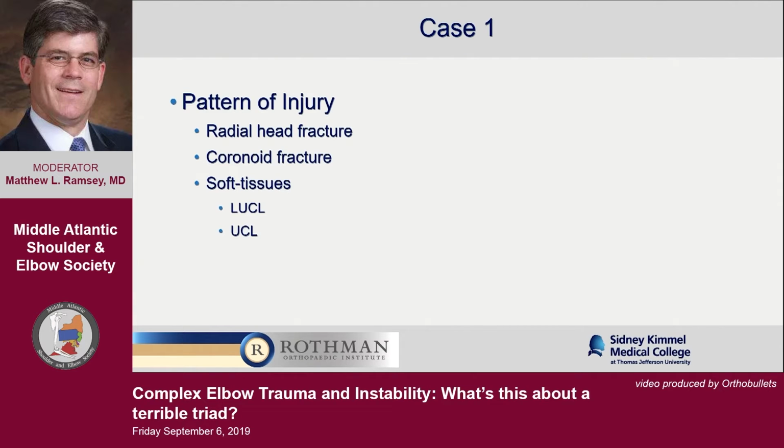Sure. Well, the radial head is badly comminuted, and so that has to be addressed. The one thing we know is that there's a really good paper out of Madrid just in the last year that demonstrates clearly, I think, that with about a 92% success rate, some relatively large type 2 fractures can be treated non-operatively.